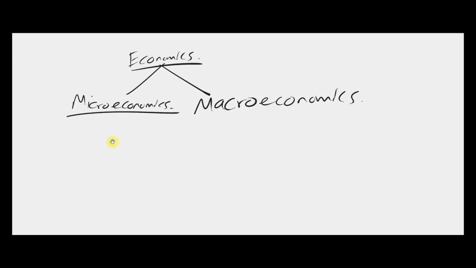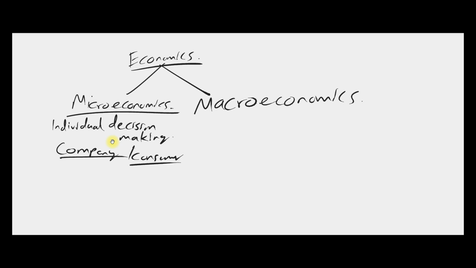Microeconomics involves individual decision making. Individuals meaning individual companies, one company, or just the average consumer. So you can see here, microeconomics is the study of individual decision making.